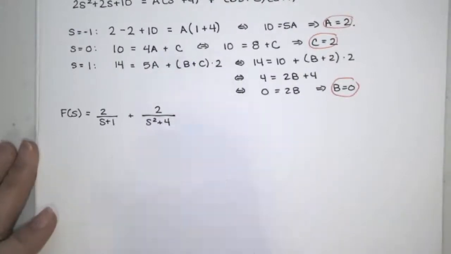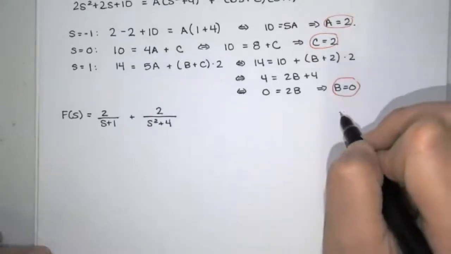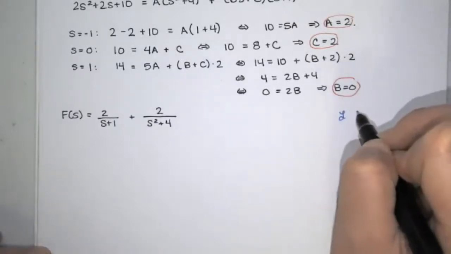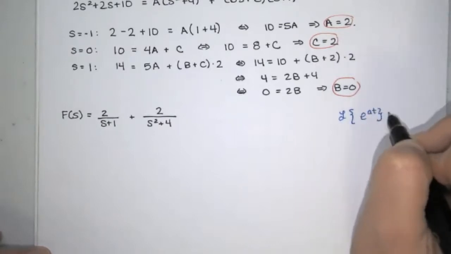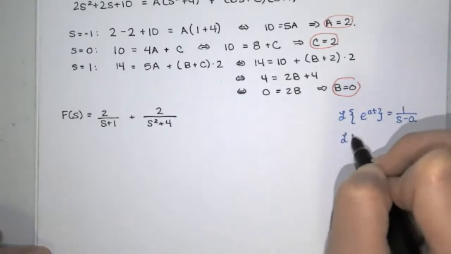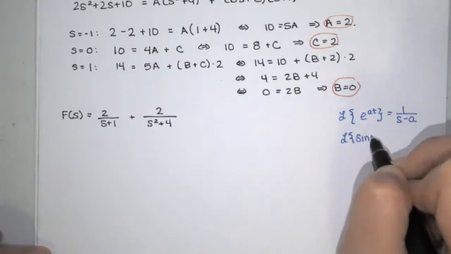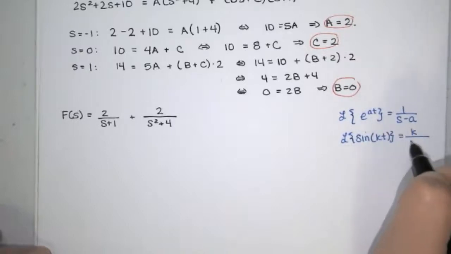And that's great. Those look like two formulas from our table. So I have the Laplace transform of e to the at is 1 over s minus a, and the Laplace transform of sine of kt is k over s squared plus k squared.